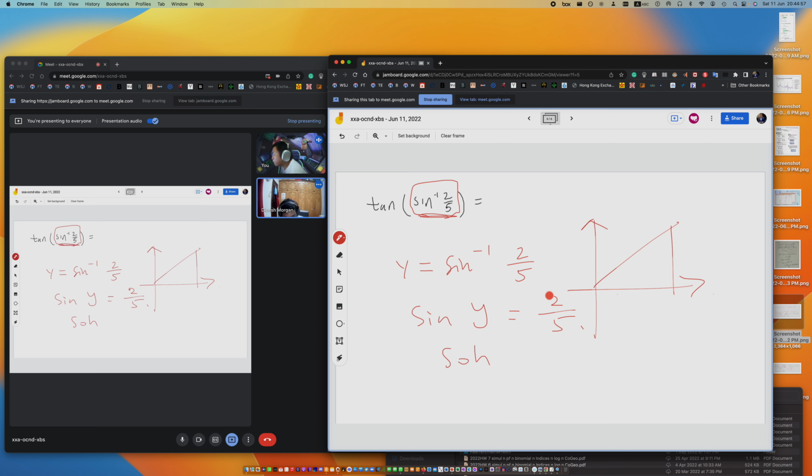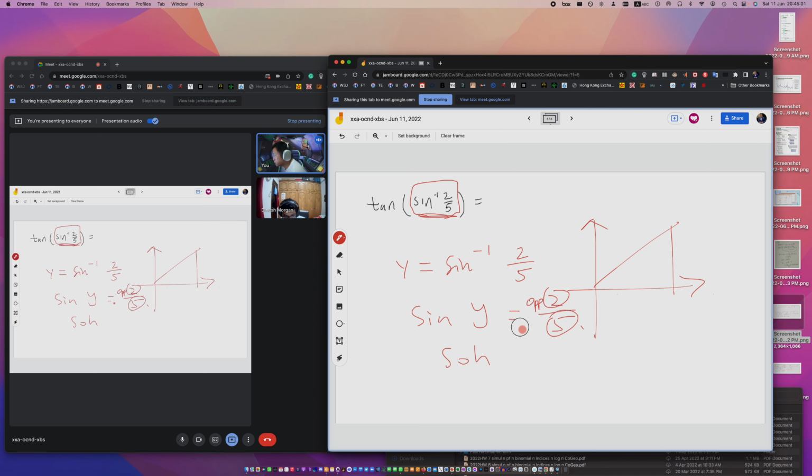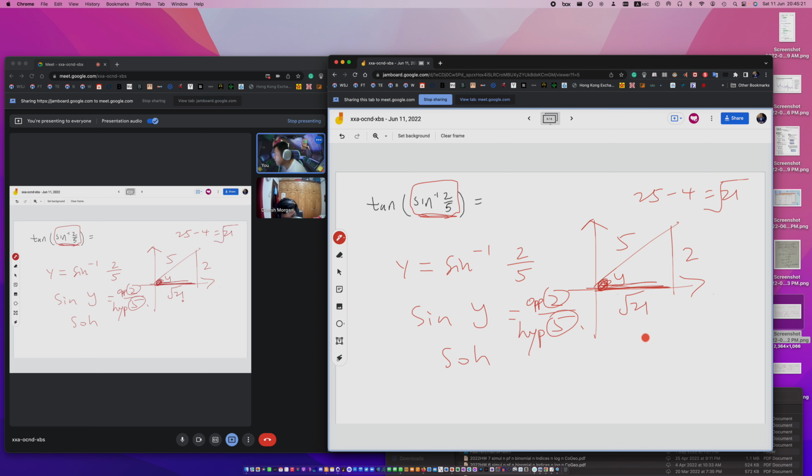So the opposite is 2, the hypotenuse is 5. If this is angle y, then the opposite is 2, the hypotenuse is 5. So it's Pythagoras theorem, 25 minus 4, 21, so it's square root 21, right? I just take the positive value of this length first.